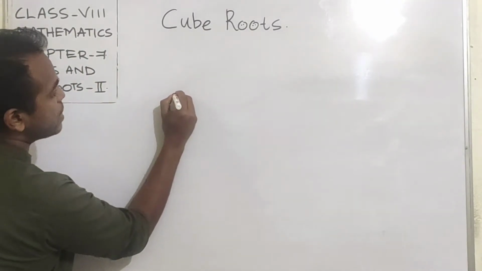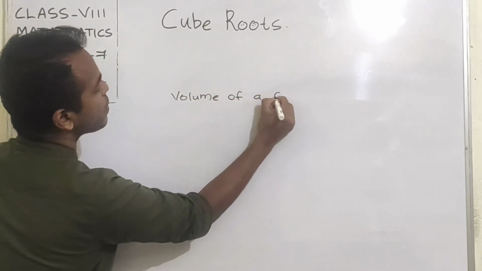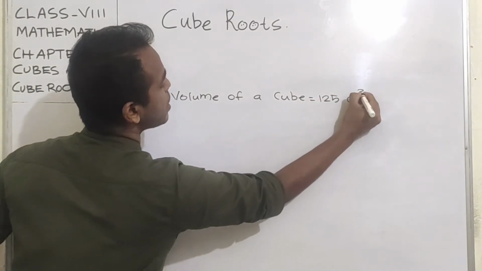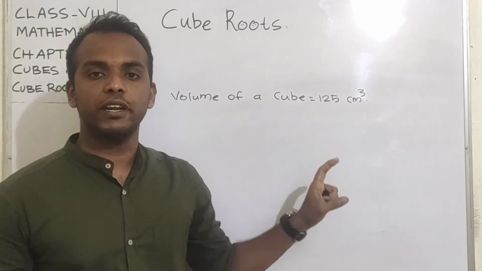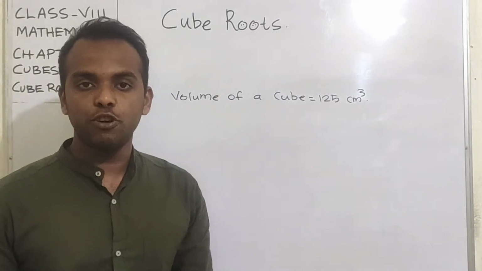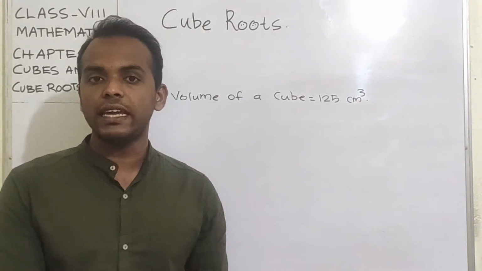Suppose it is given that the volume of a cube is equal to 125 centimeter cube. We know how to find the volume of any cube. Volume of any cube is the length of its side taken thrice.